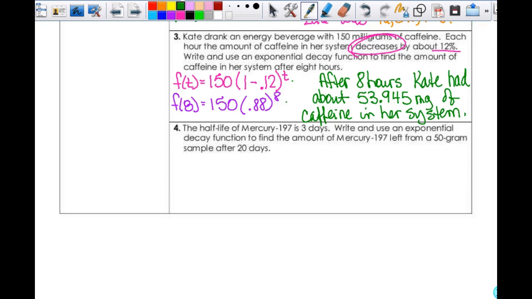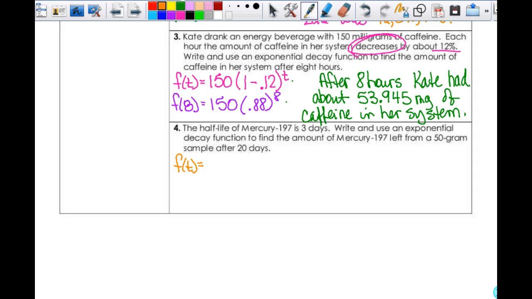All right, so let's look at half-life. We've all taken chemistry, right? So you did this in chemistry and you did it in algebra 2. So half-life here means something to us. It says the half-life of mercury-197 is 3 days. Write and use an exponential decay function to find the amount of mercury-197 left from a 50-gram sample after 20 days. Okay, so we're going to have to write f of t equals, right?